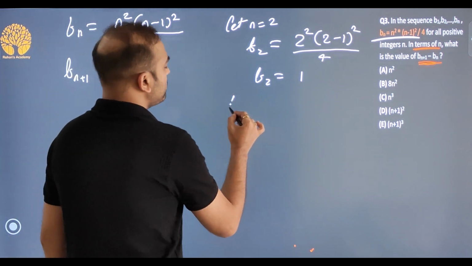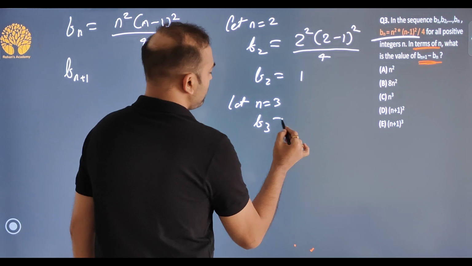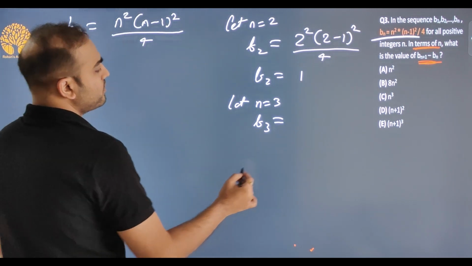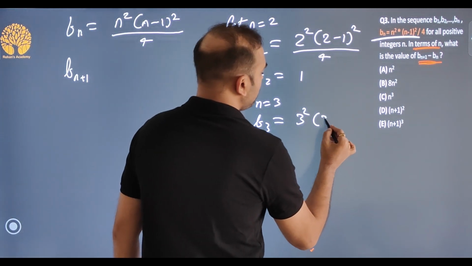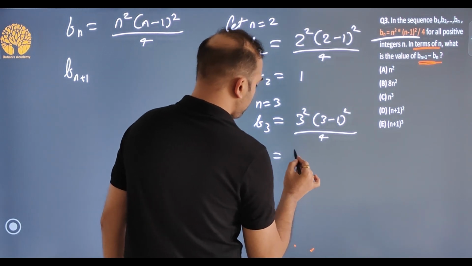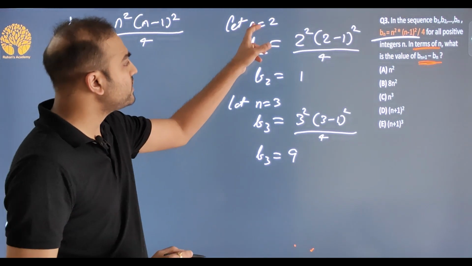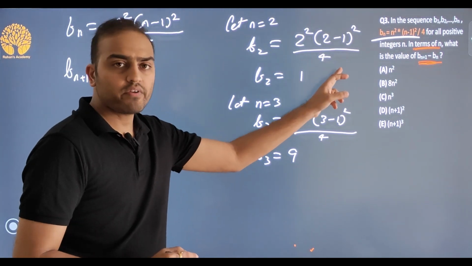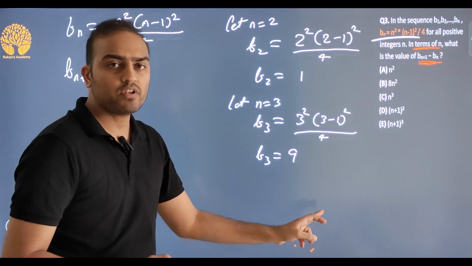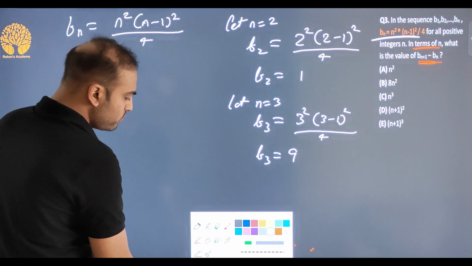Or else if you put n as 3, you get b3 as 3 square into 3 minus 1 whole square by 4. You get b3 as 9. Similarly, see, in place of this n, you just put 2 everywhere. In place of n, you put 3 everywhere. Similarly, if I want bn plus 1, what will I do?